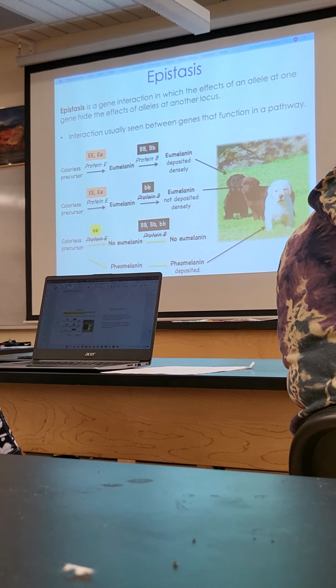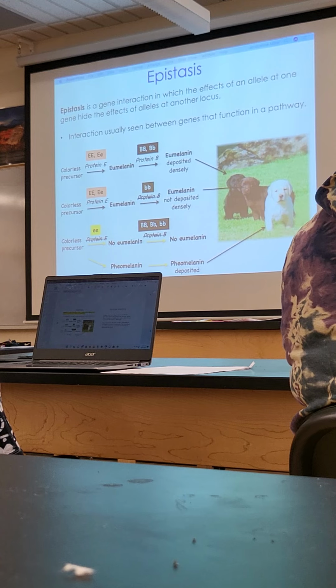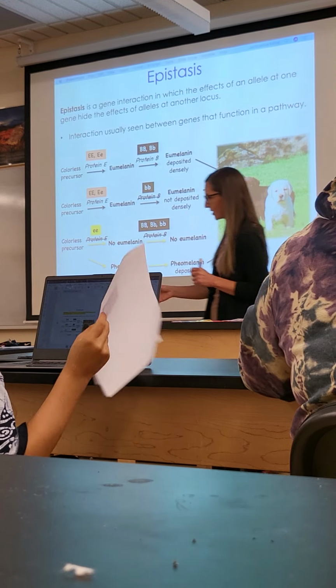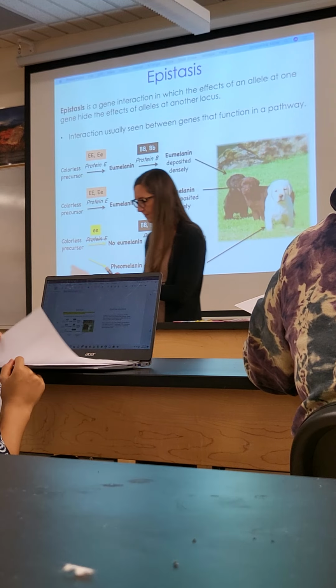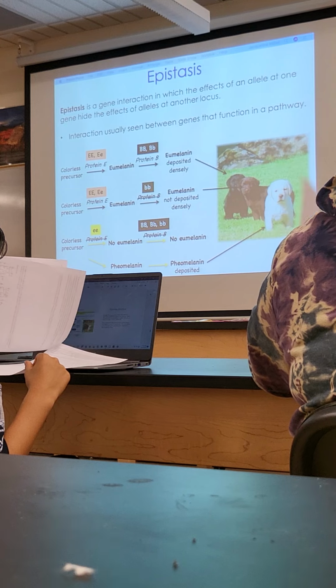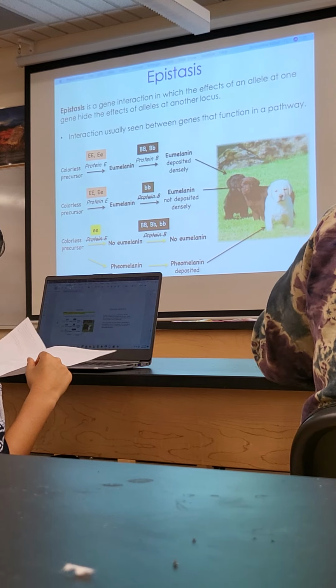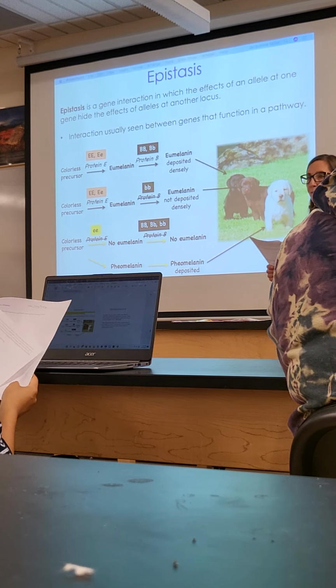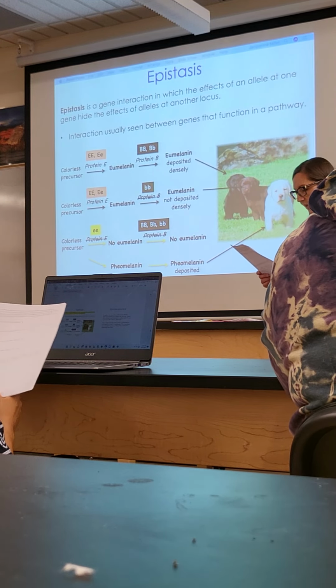So there are some questions. I think there's one question about dog coat color on there. Let me see what the question is. All right, so it explains how it's determined. The first question is which of these loci is epistatic.